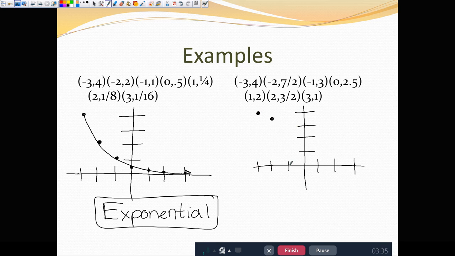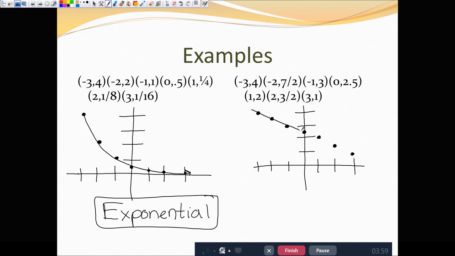At -1, I'm at 3. At 0, I'm at 2.5. At 1, I'm at 2. At 2, I'm at 3/2, which is 1.5. And at 3, I'm at 1.